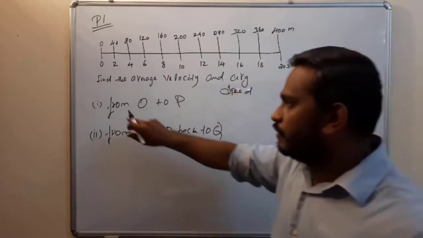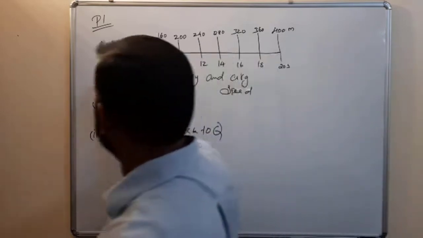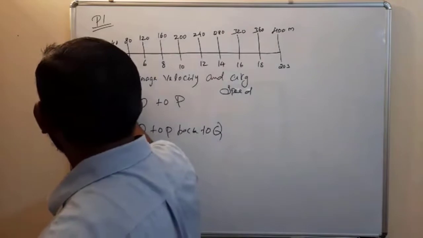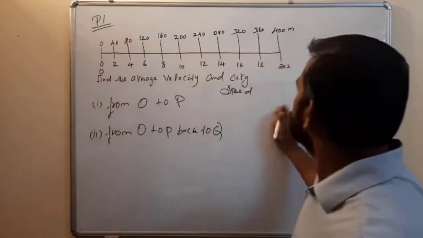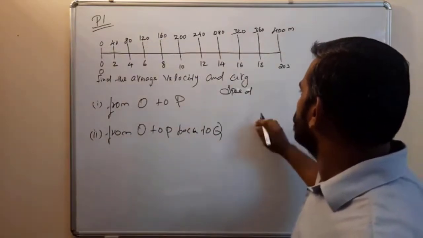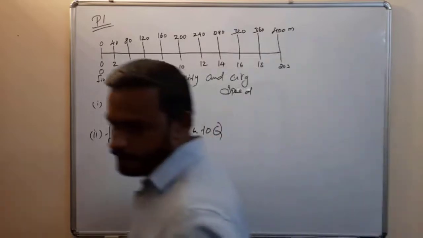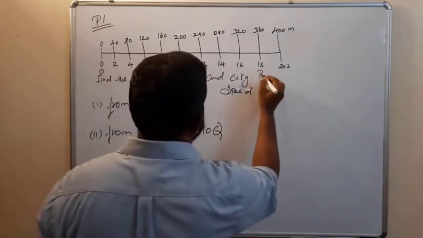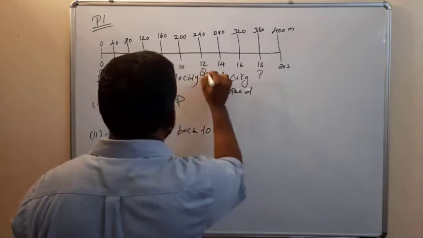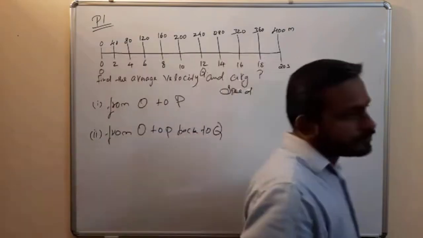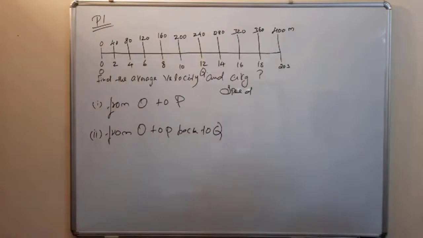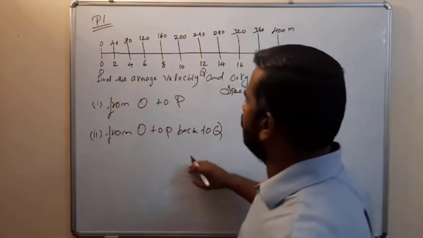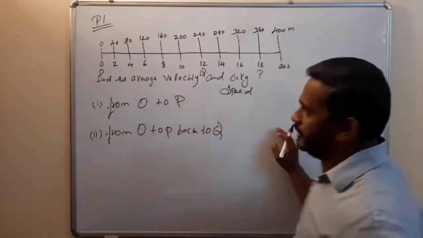So case 1, from O to P. Consider this point as O, this is P and this is Q. Right? So find the average velocity and average speed.